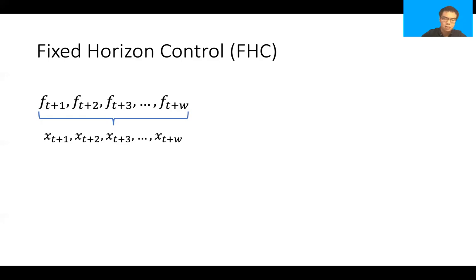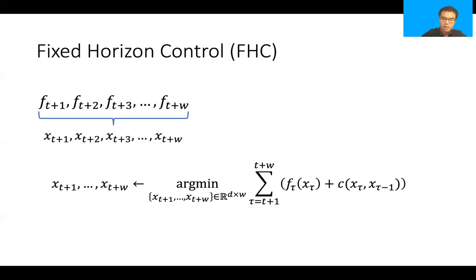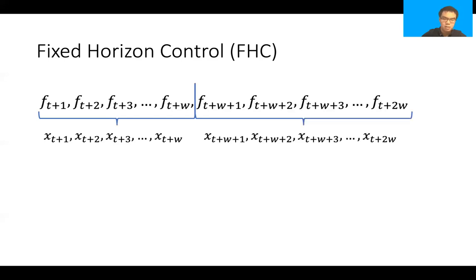At time step t+1, we use the predictions of hitting cost functions f_{t+1} to f_{t+w} to compute a subsequence of decision points x_{t+1} to x_{t+w} and commit our decisions to this subsequence. This means we have nothing to do until the next time step t+w+1, and then we compute another subsequence of decision points.